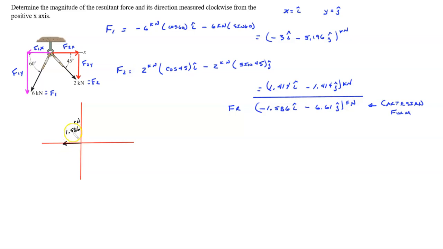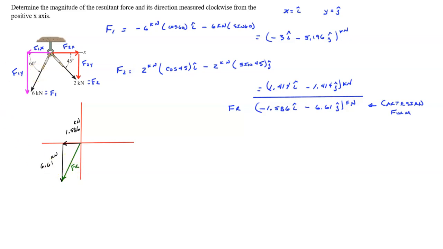I'm not writing that it's negative; it's noted negative by the direction that I'm drawing this force vector. And then for 6.61 kilonewtons, we go down because it is also negative 6.61 kilonewtons. So our force resultant ends up right here.